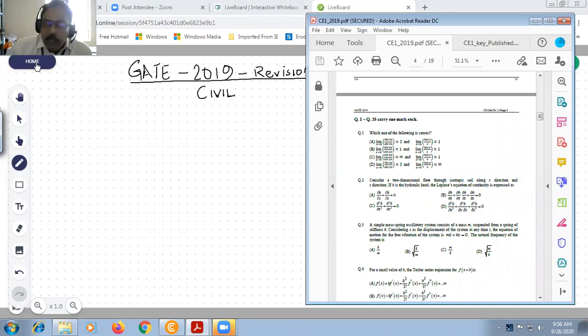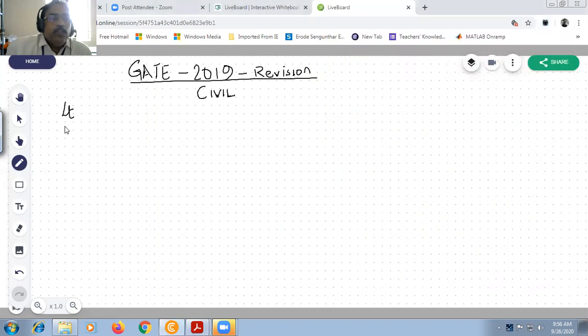In limits, we have to note that the limit as theta tends to 0 of sin theta divided by theta equals 1, and again the limit as theta tends to 0 of tan theta by theta is equal to 1.